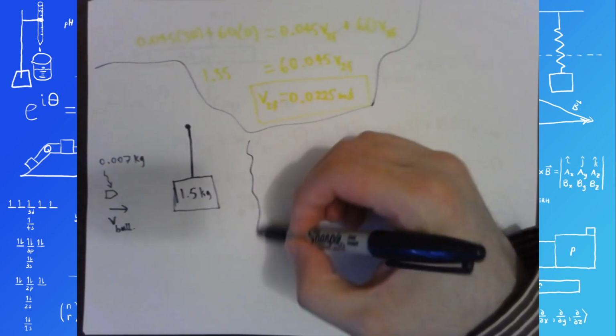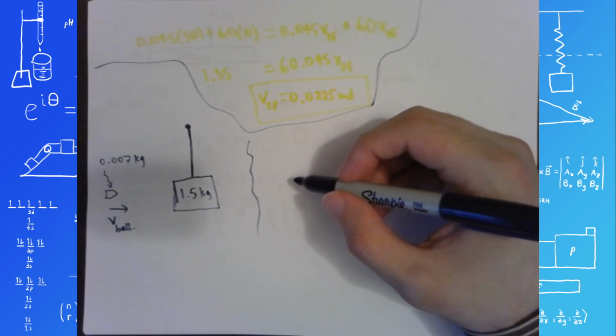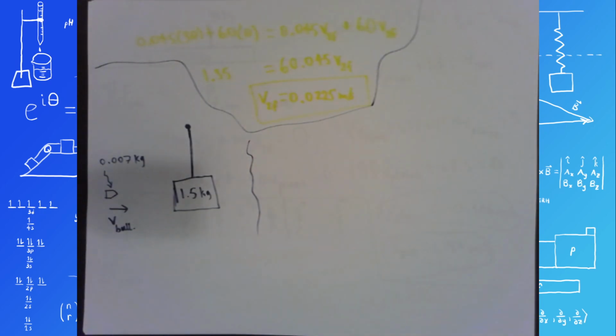So sometime later, the bullet comes out of the block at 200 meters per second, and the block rises to a maximum height of 12 centimeters. Now, does the bullet emerge immediately before the block rises, or when it's on its way up, or just as it reaches its maximum height?